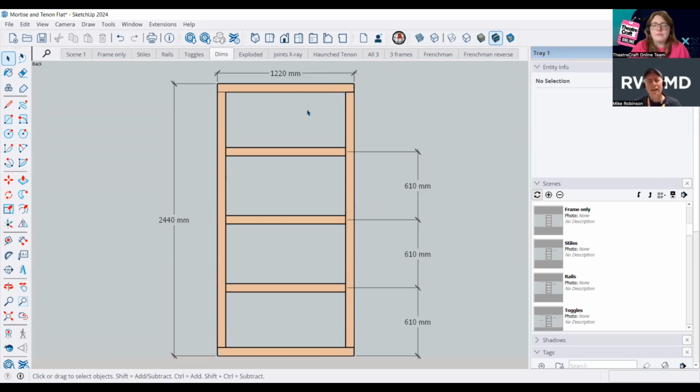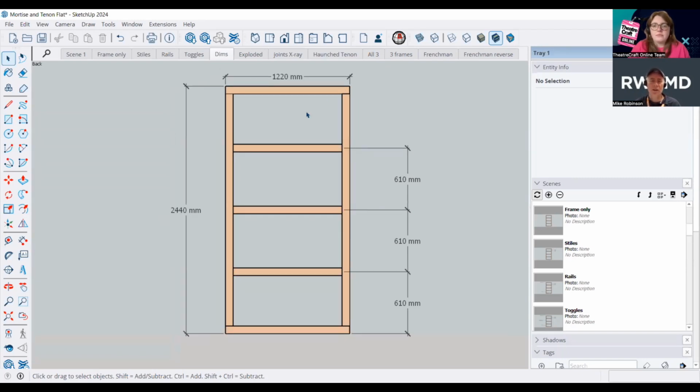Okay, so why an 8x4 flat? Why is Mike talking about an 8x4 flat, especially when he's just shown us the dimensions and they're in millimeters? The standard size for sheet material in this country is referred to nominally. Its nominal name is an 8x4.